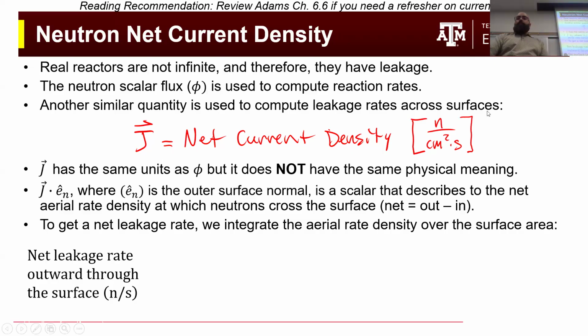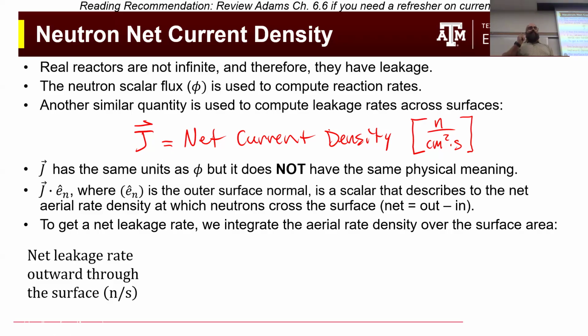It's basically the number of neutrons per unit area per unit time that are escaping through that surface, whereas the scalar flux can sometimes be thought of in a similar way, but there's no directional component to the flux, whereas there is a directional component to the current.